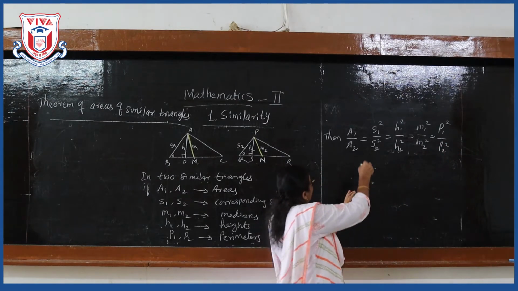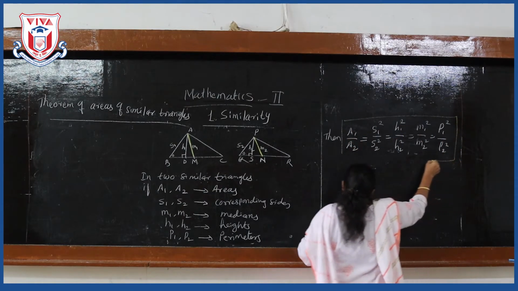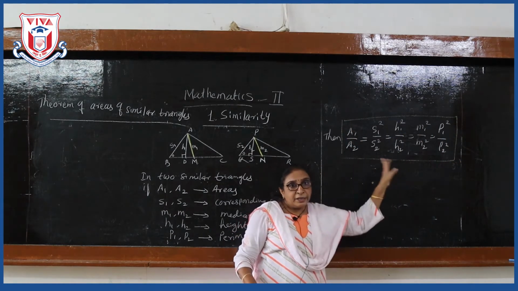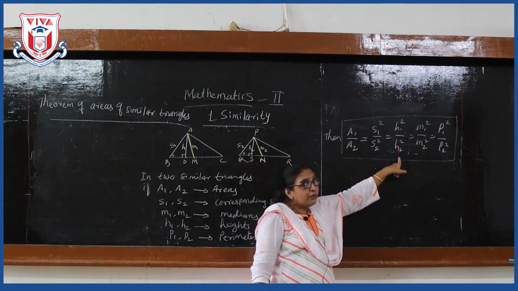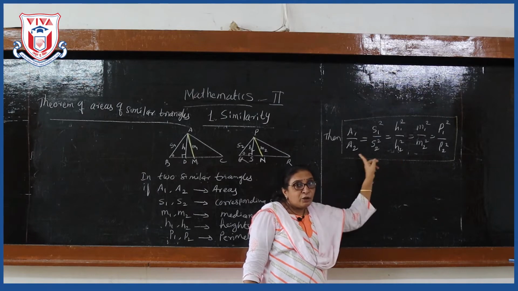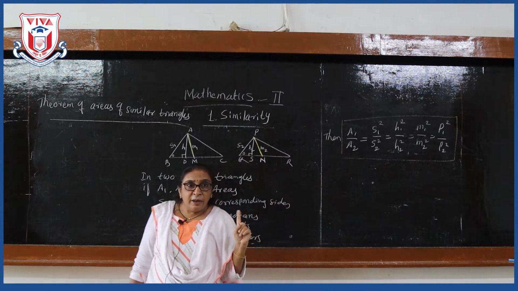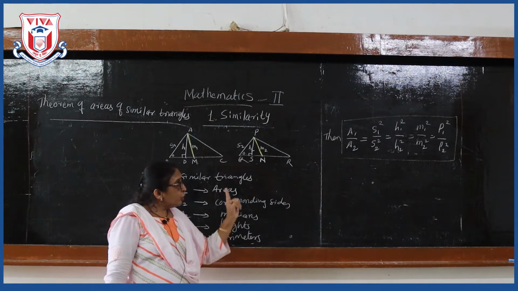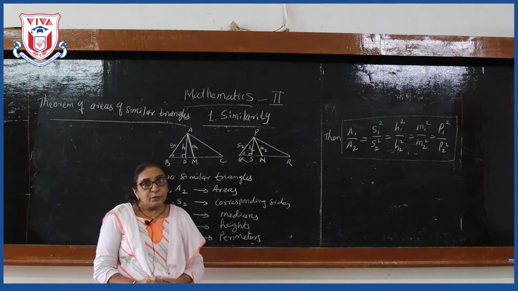So this is one of the important properties you can keep in your mind, because A1 upon A2 is equal to H1 square upon H2 square. On the basis of this, there is one example asked in your practice set. So you have to see that also, how to apply this property.